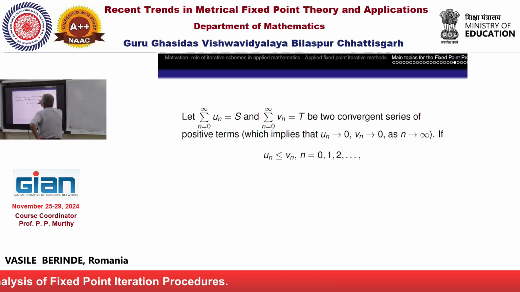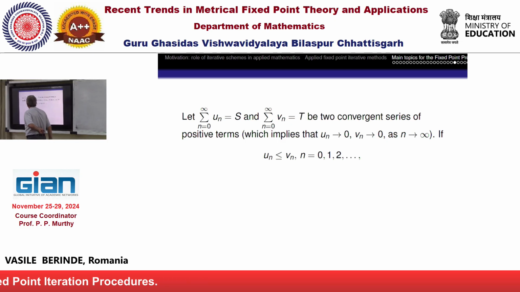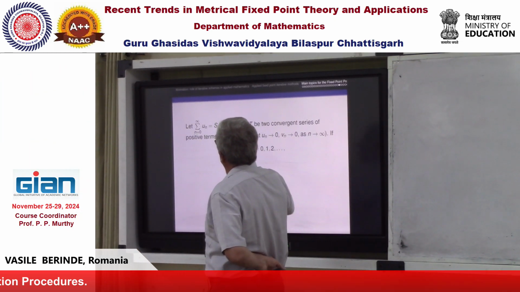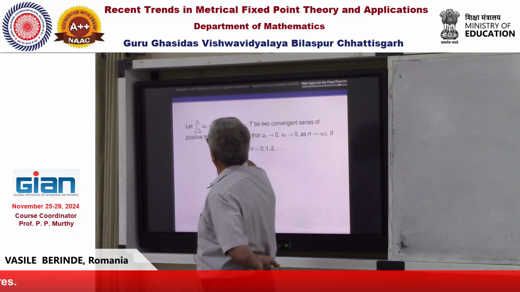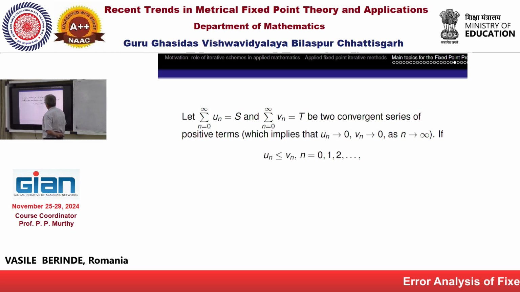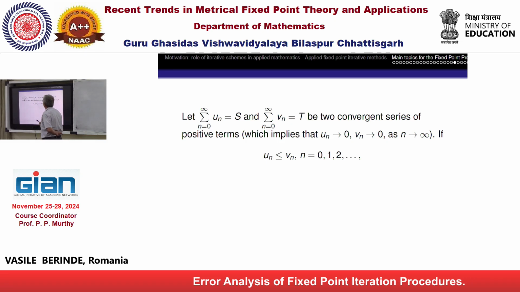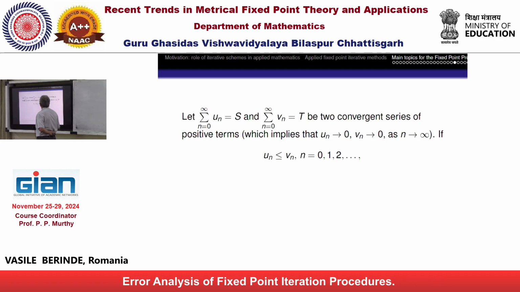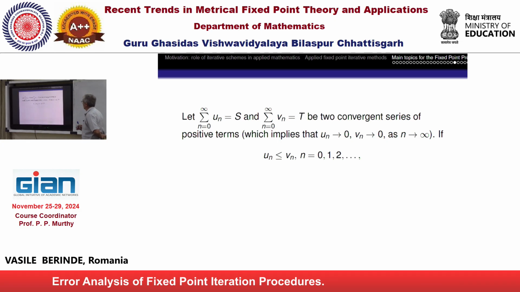So we have two series of positive terms. They are convergent. They have sums S and T respectively. If we have a convergent series, we know for sure that un converges to 0 and vn converges to 0 as n tends to infinity.